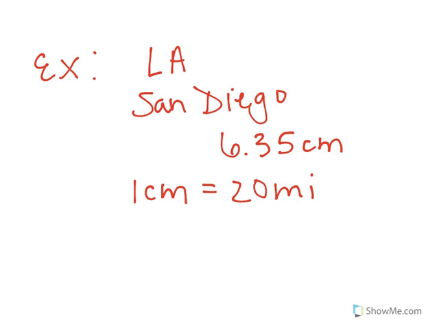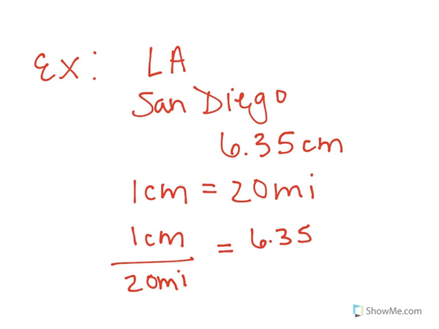So just like how we solved proportions in the previous chapters, we're going to create a proportion. If 1 centimeter equals 20 miles, notice how I just created a ratio, and then that's going to be the same as 6 and 3,500ths centimeters. Notice how I lined up my centimeters, made sure that they're on the same line, over our unknown miles.